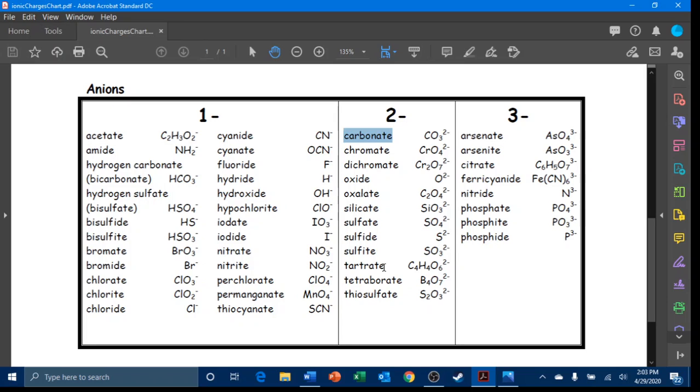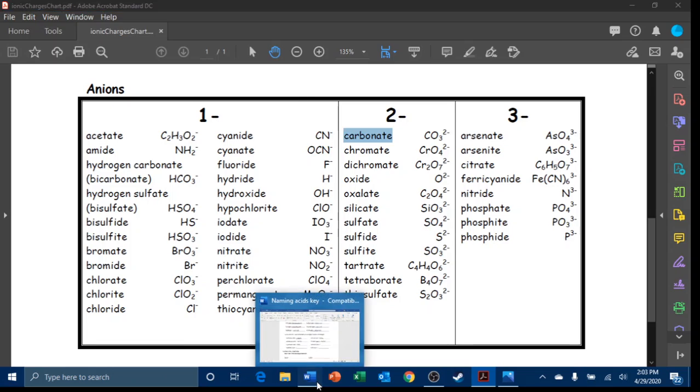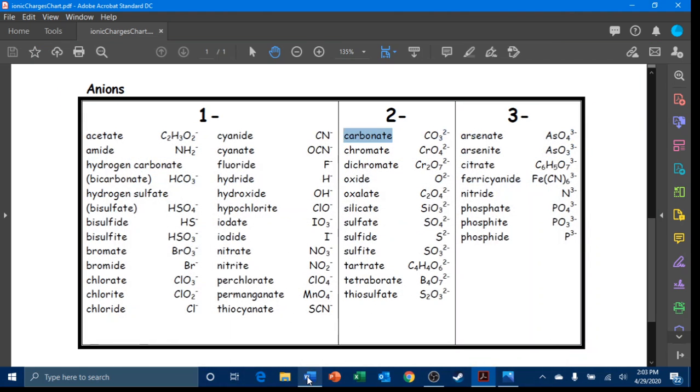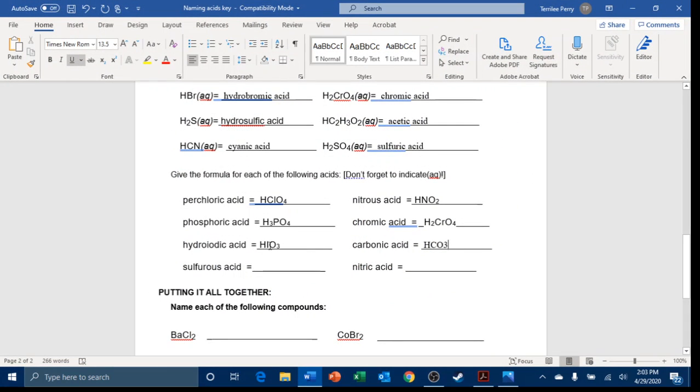So you have CO3, and then a 2 there. We've got to bring that 2 right here. So you have H2CO3.